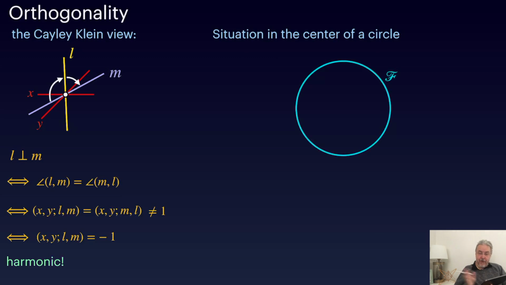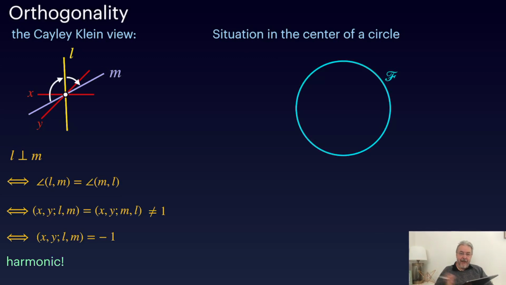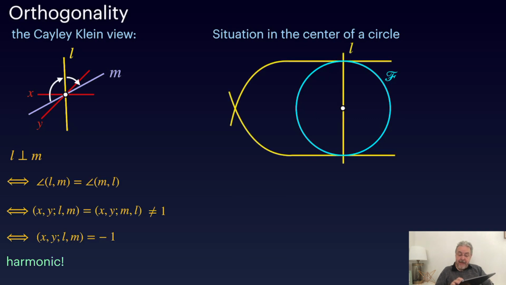So let me have another look at that. I could have approached that from a completely different angle, no pun intended. So assume our fundamental conic is a circle, and look what happens if you measure orthogonality of two lines that meet in the center.